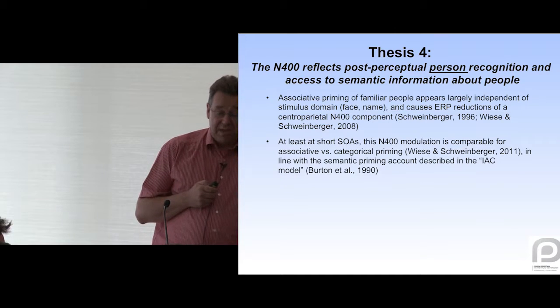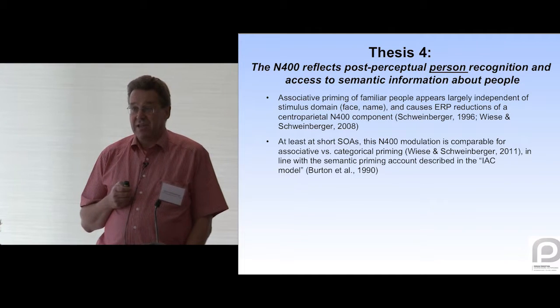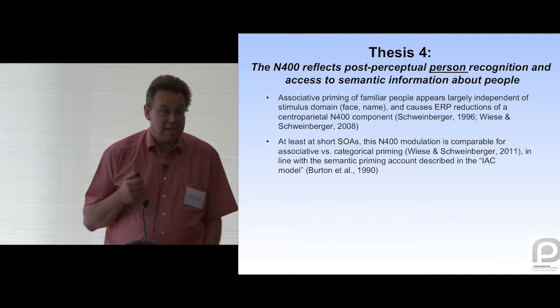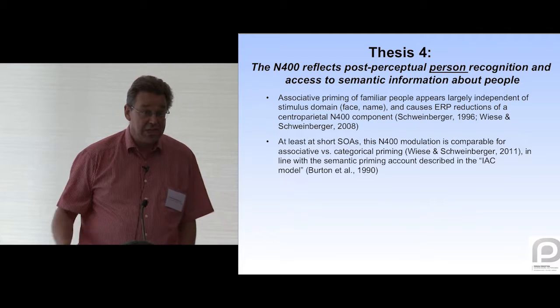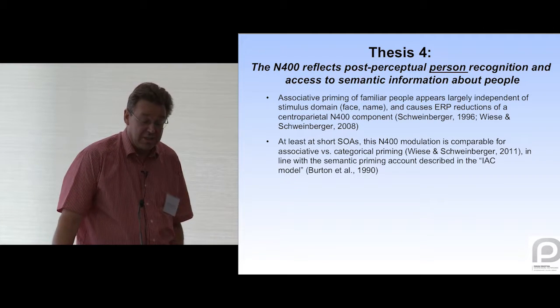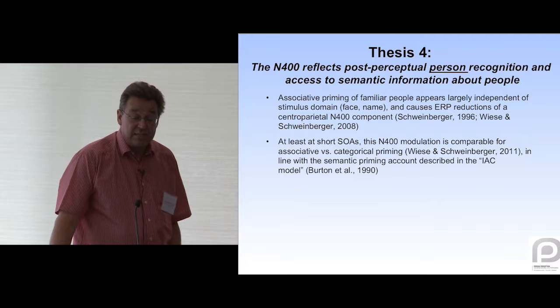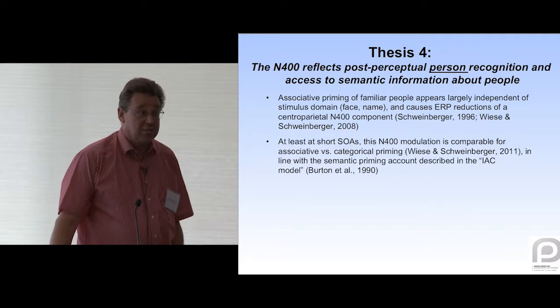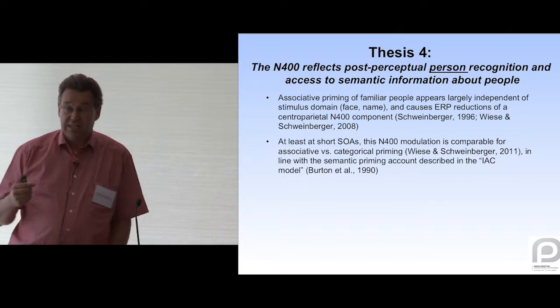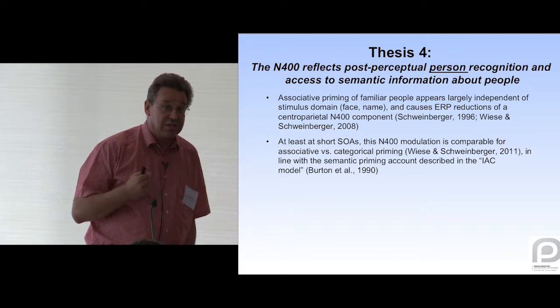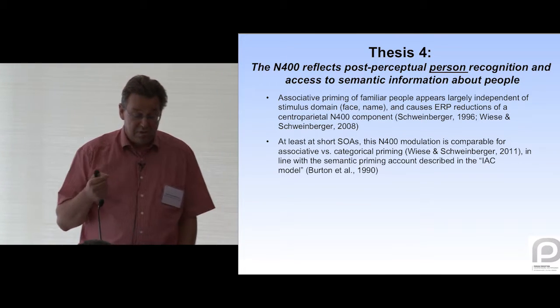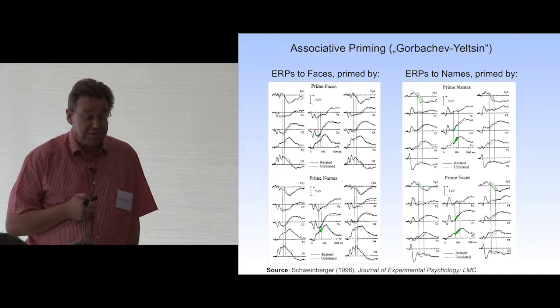Okay, with that I come to my last thesis and to the N400 component. The N400 modulation in the context of person recognition studies reflects domain-independent person recognition and the access to personally semantic information, and it doesn't reflect face recognition specifically.